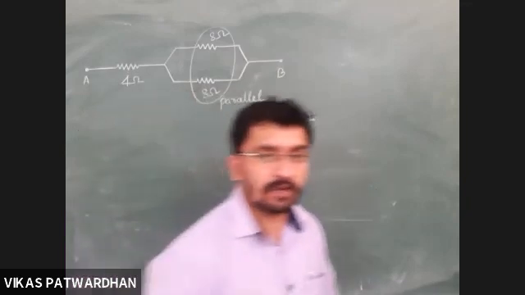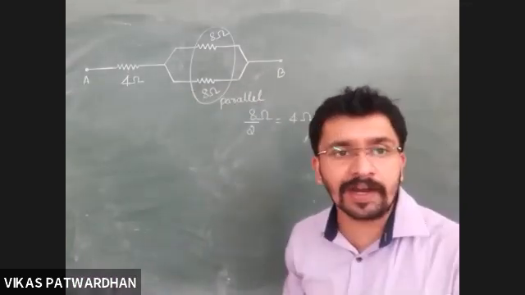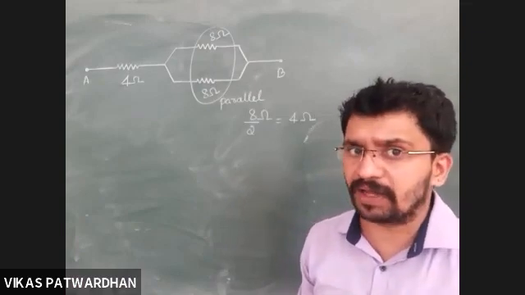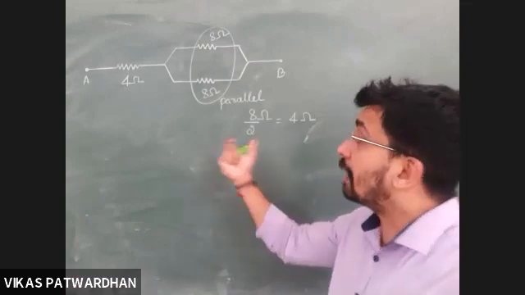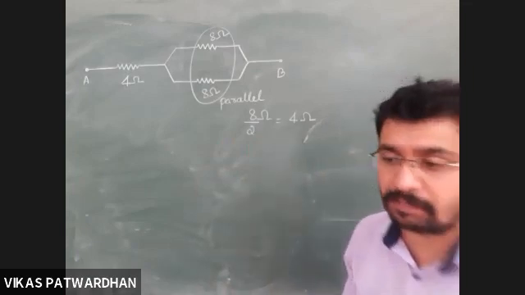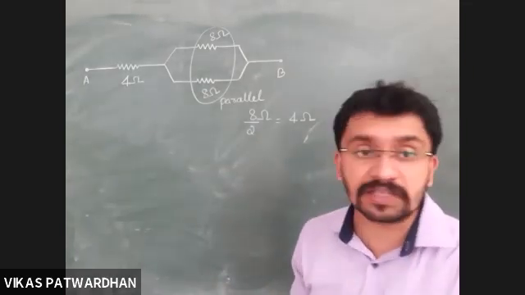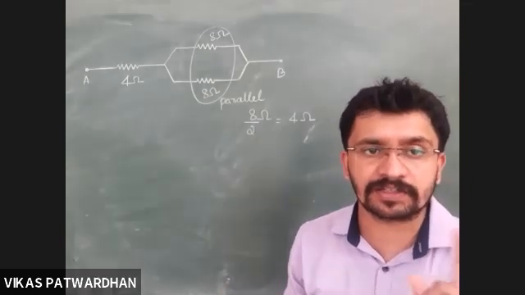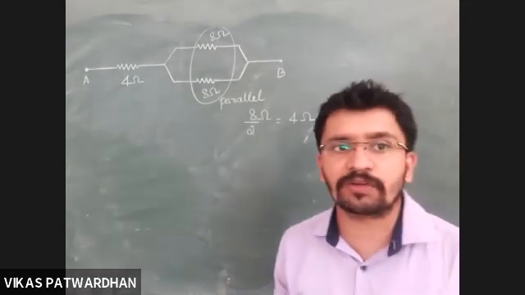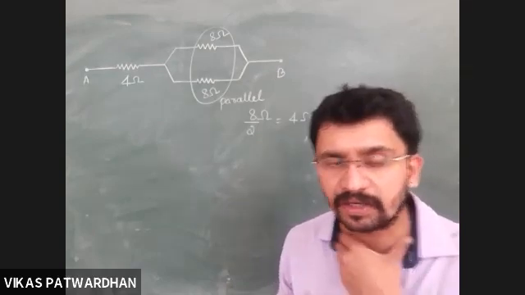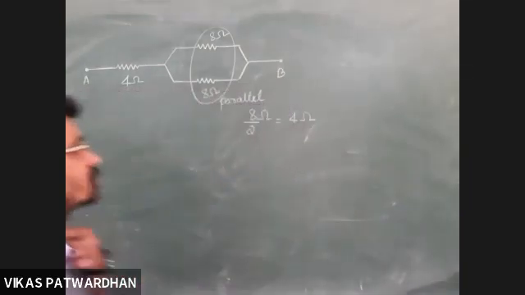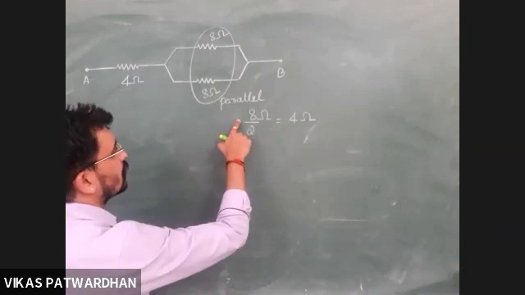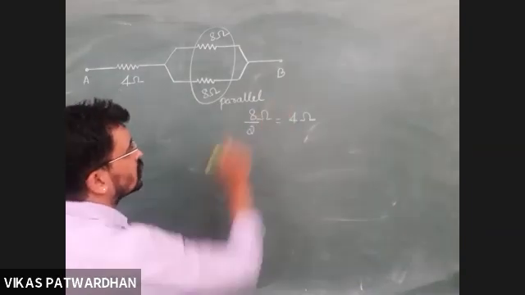Yesterday we wrote one formula: when n identical resistors are connected in parallel, their effective resistance is R by N. What is R? 8. What is N? 2. Is it 4 ohms?